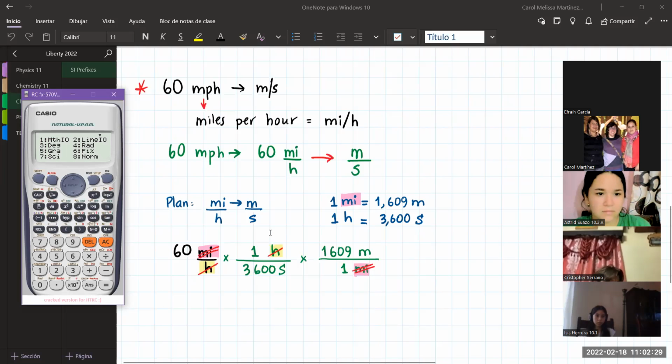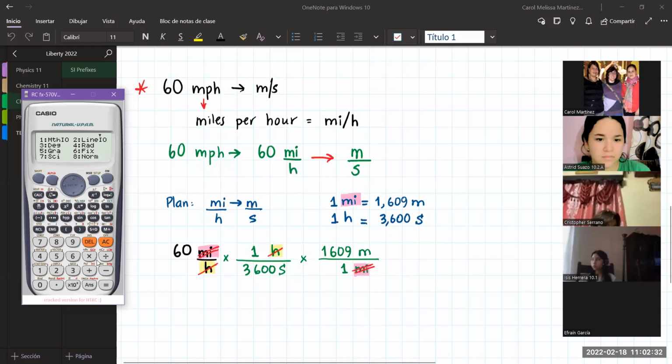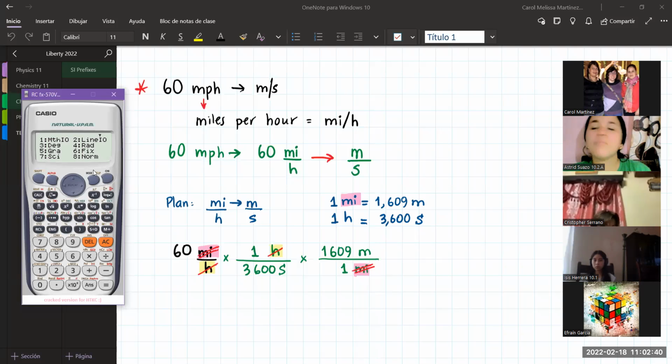Efraim, tell me. Miss, will the answer change if we convert first miles to meters and then hours to seconds? No, it will be the same. But the units need to be located properly.